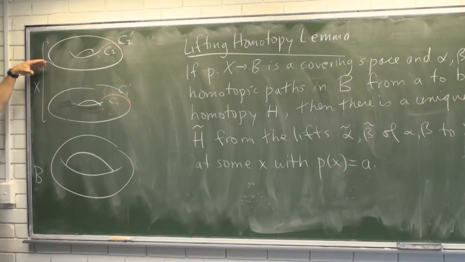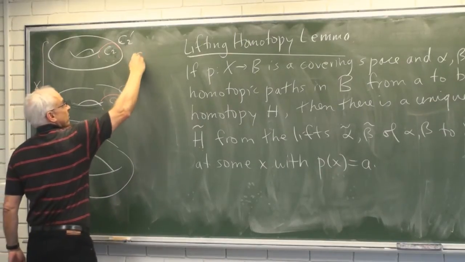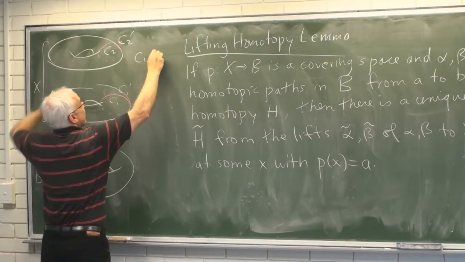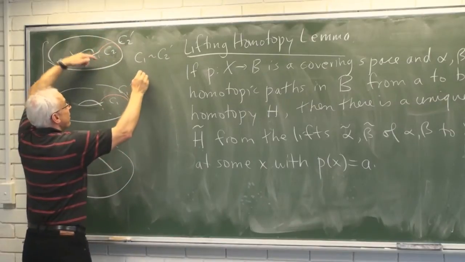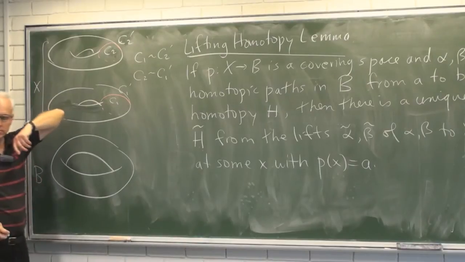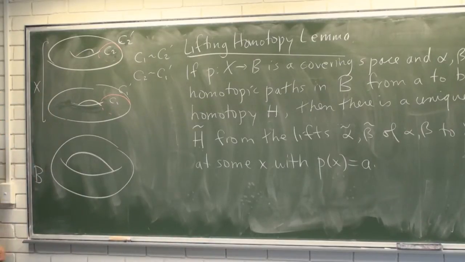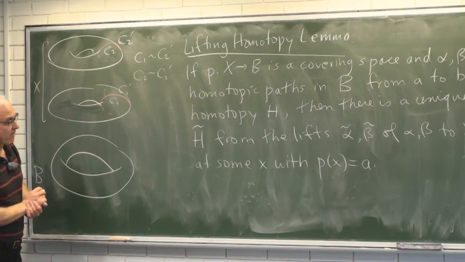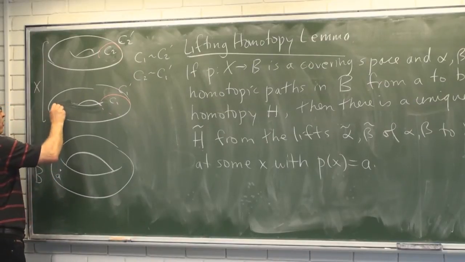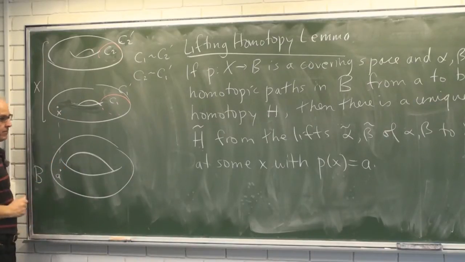Our covering space will be X, where we've gotten X by gluing two tori together in the same way that we talked about before. So we'll identify this side C1 of this cut with C2 prime on that side, and we'll identify C2 on this side with C1 prime on this side. So it's a covering of the torus. And the other setup is that we have a point A down here, and we have some point X lying above it.